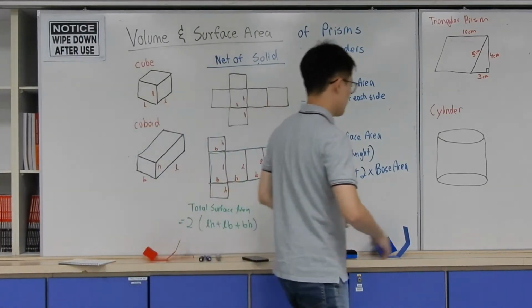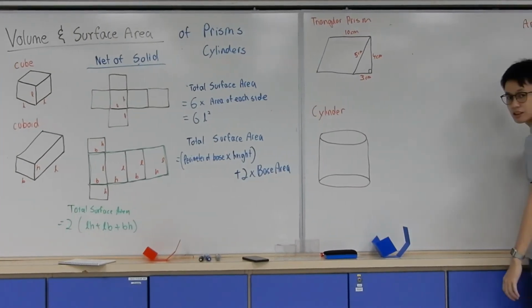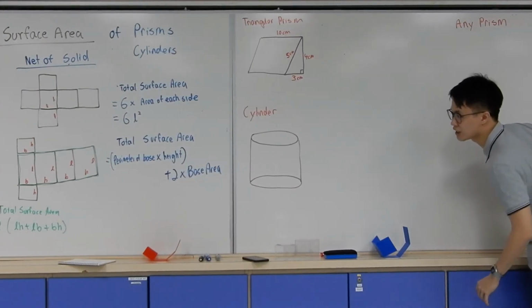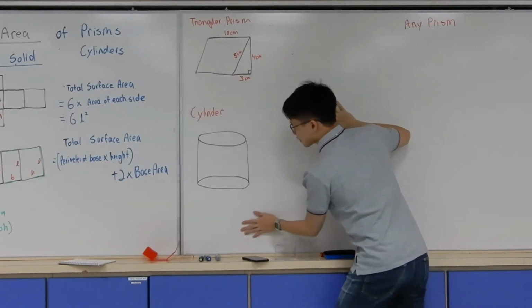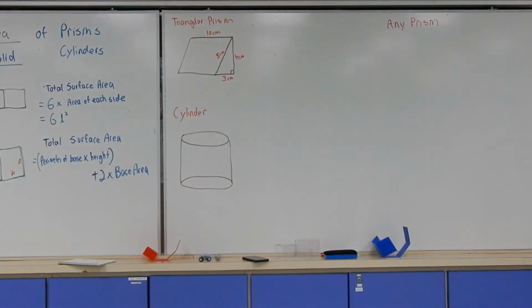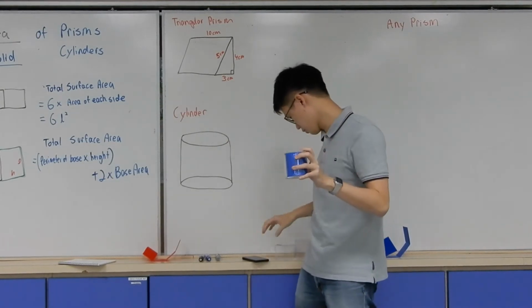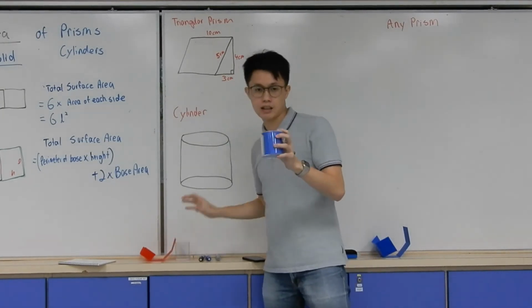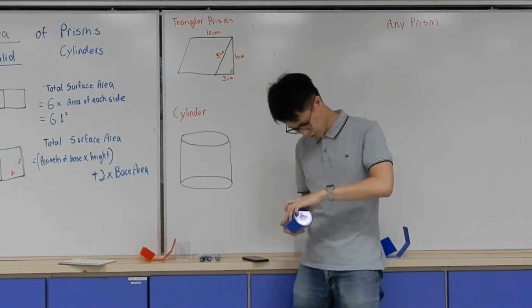Now I'm going to skip prisms first because I like to talk about cylinder first. Cylinder is relatively similar. It's not that different actually. So if I have a cylinder here, let me open this up first.